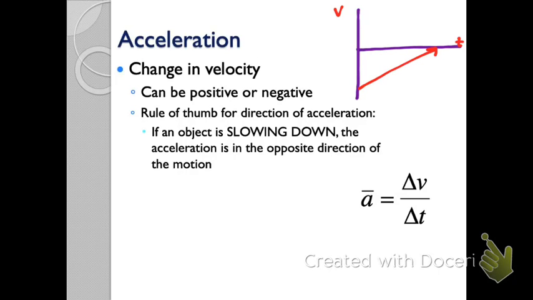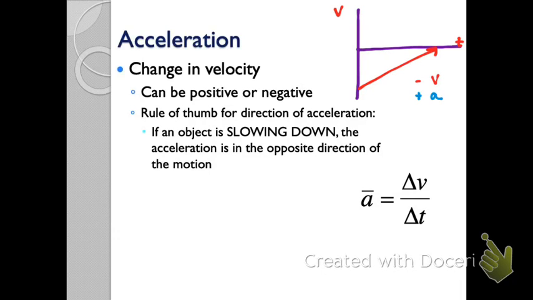That red line is slowing down in the negative direction, which means I have negative velocity. We agree with that? Because we are below the x-axis. Yet the slope of my line, which is acceleration, is it positive or negative? Positive acceleration. Okay, because I am slowing down, I have an acceleration and a velocity that have opposite signs.